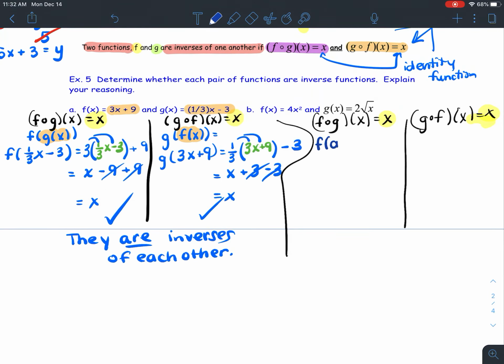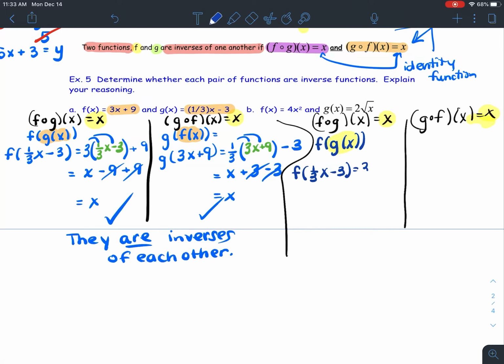Okay, we're going to smash everything together, f of g of x. We're going to replace this g of x symbol with the equation for g of x, which is this 1/3 x minus 3. Okay, I'm working from right to left, so I'm going to be substituting a 1/3 x minus 3 into this equation here, equation f, for its x.